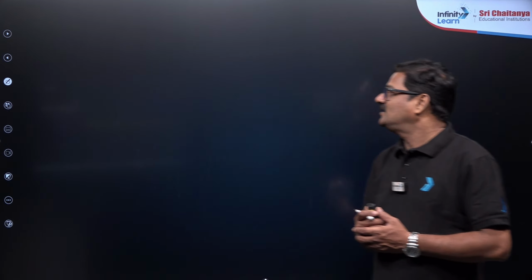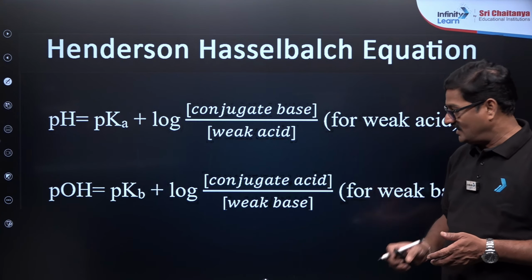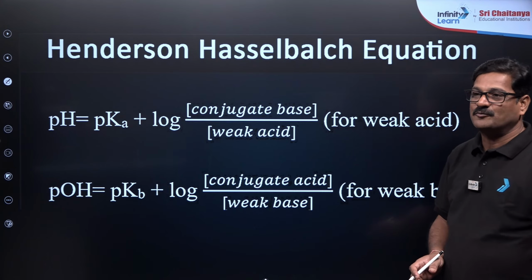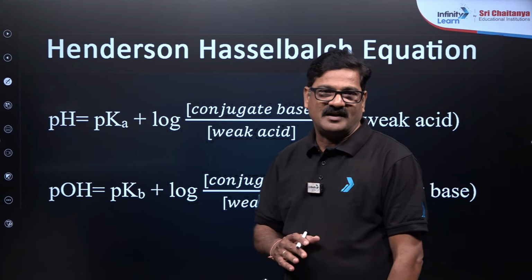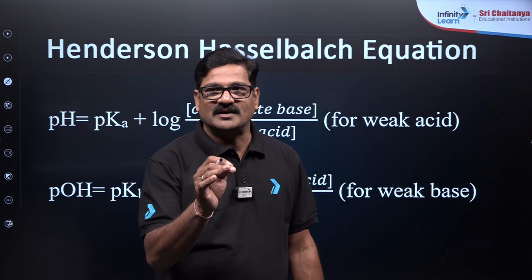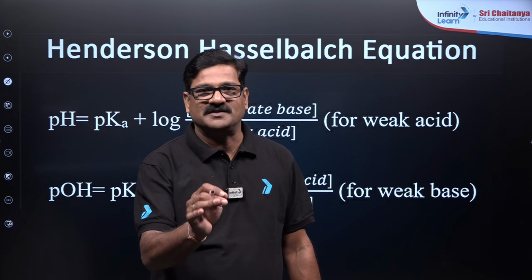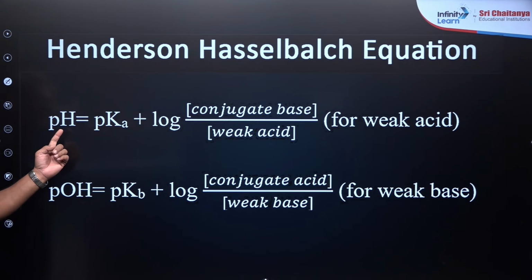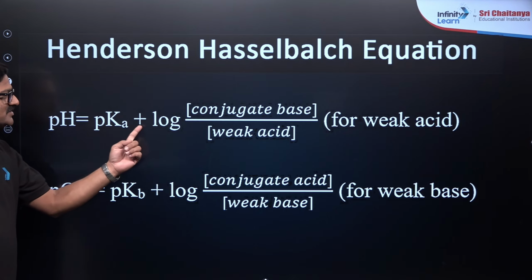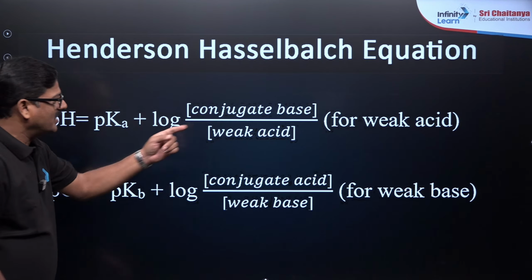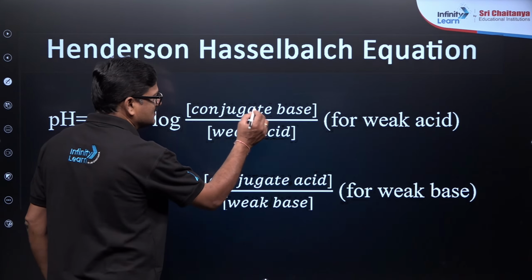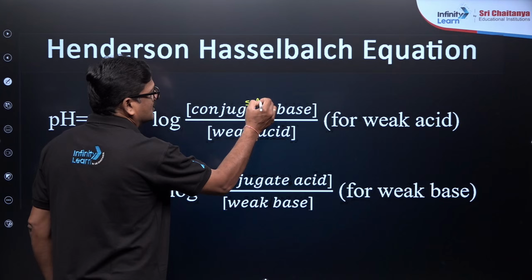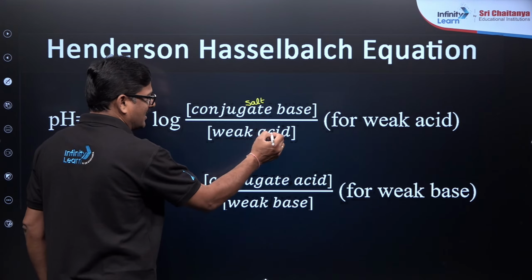My dear children, moving ahead, the Henderson-Hasselbalch equation. This is very important, for basic buffer and acidic buffer. You can calculate the pH of the buffer. For an acidic buffer, to calculate the pH: pKa plus log salt by acid. To give the conjugate base, we use a salt, sodium acetate, and a weak acid.